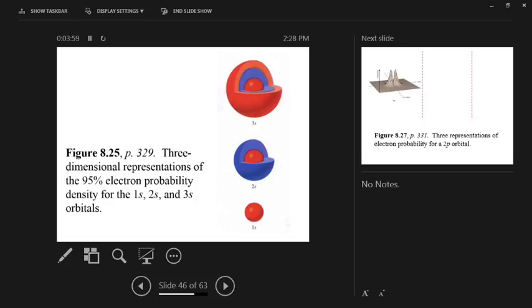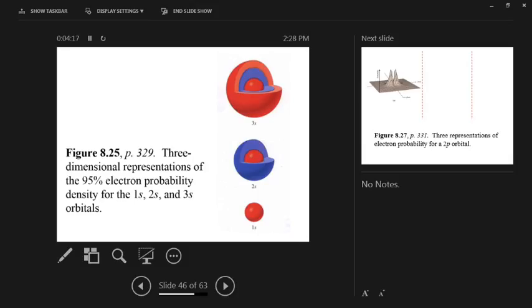Let me remind you a little bit. We had n equal to 1, n equal to 2, n equal to 3. These are principal energy levels. For each of these, you get an S-type, 1S.